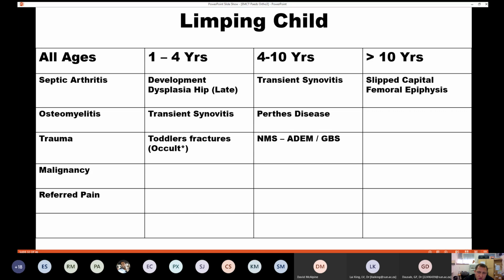So you need to have an approach in your clinical practice to the limping child. And remember that this is probably one of the oral questions that will come up in the exam for the Part 2s as well. I had the privilege a few years ago to have to answer to Heike about the limping child. So it's a question that you need an approach to.